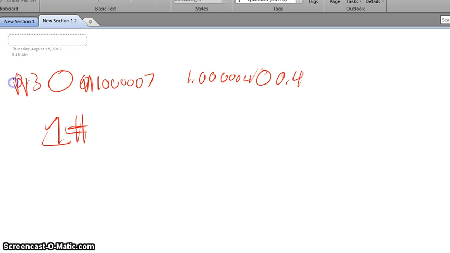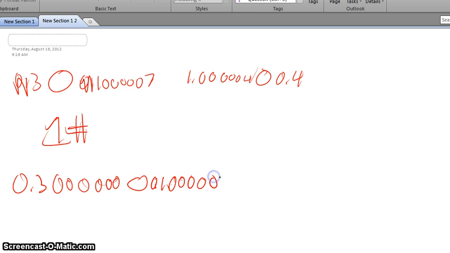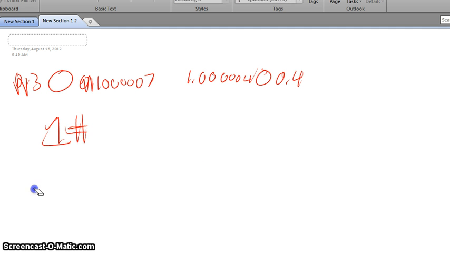And if you move the 0 over here, we have 3. But let's add the 0. 0.3. This has 7 digits. Which one is greater? This one over here. 0.3.